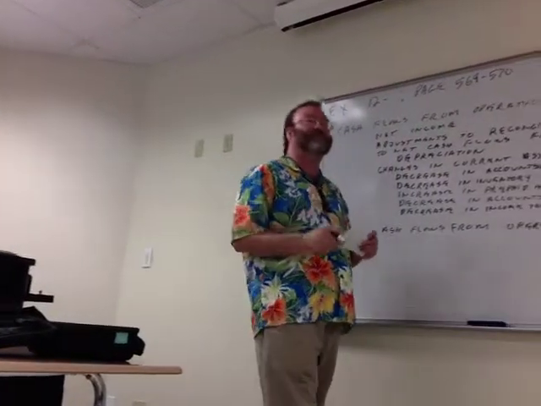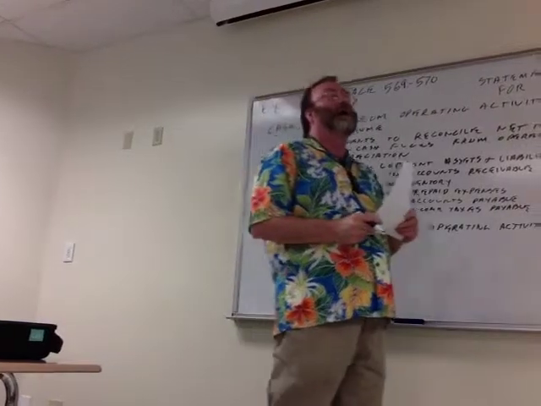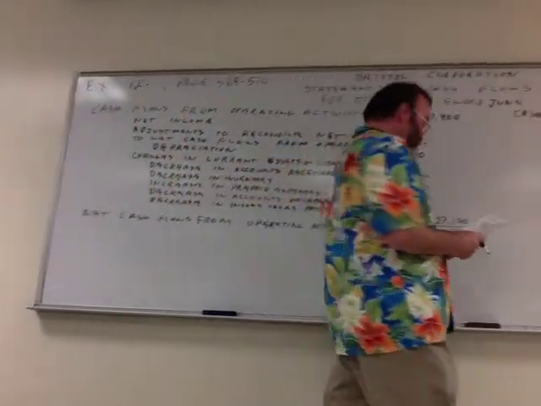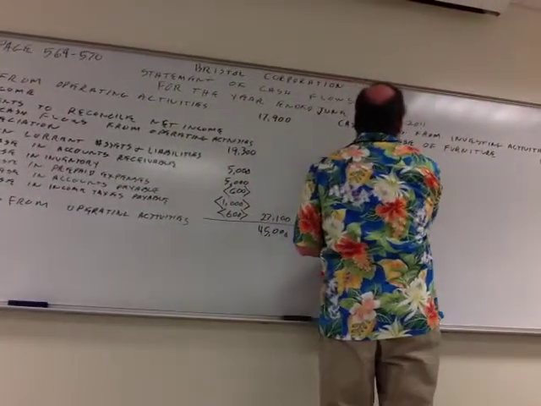It had depreciation of $15,300. So we had a book value on that equipment of $11,700. How much did you sell it for? Because we have a sale of furniture.